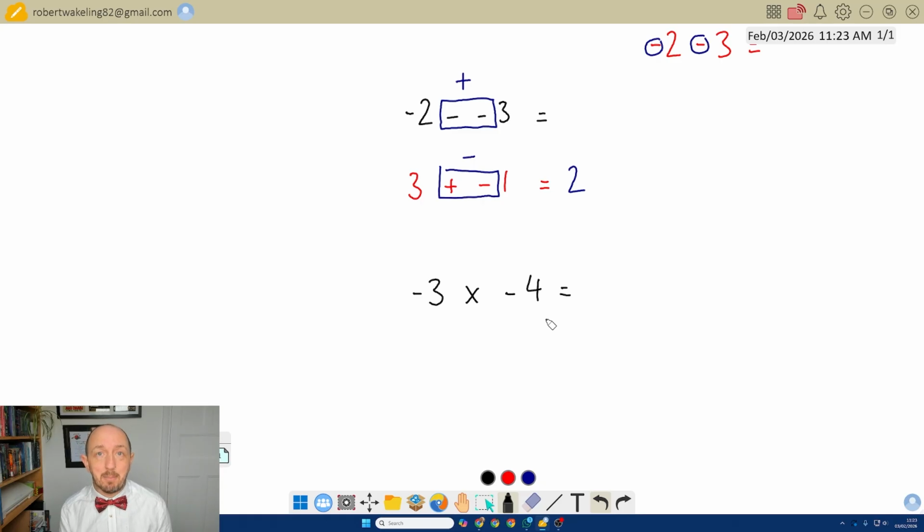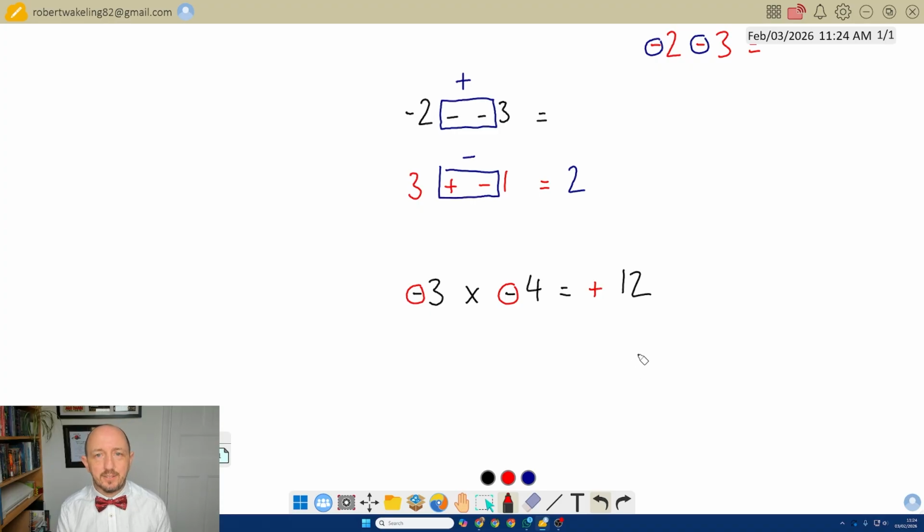And this is the main reason why students get confused, because it's like, well, when do I do this minus and a minus, and when don't I?